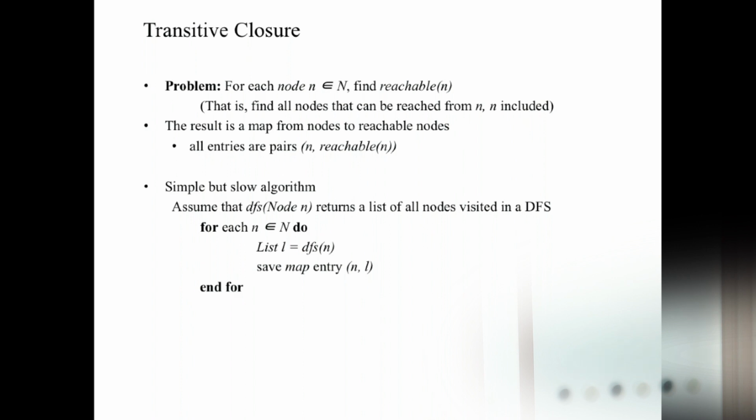For each node n that belongs to your set of nodes in the graph, you call the DFS algorithm on that node, and the output that you get, you store it in a list. And in the end, you can use a hash map or hash set for this kind of algorithm, where you store the list.